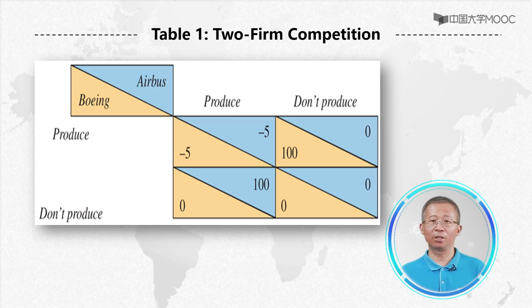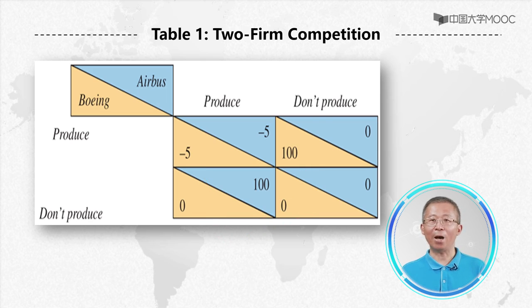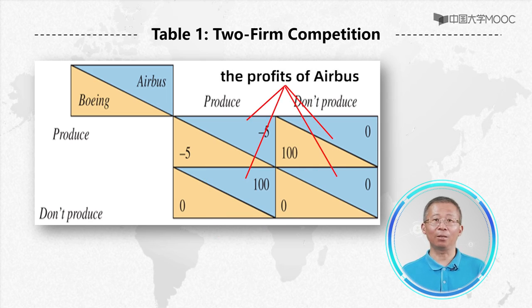In each box, there are 2 entries. The entry on the lower left represents the profit of Boeing, while that on the upper right represents the profit of Airbus.